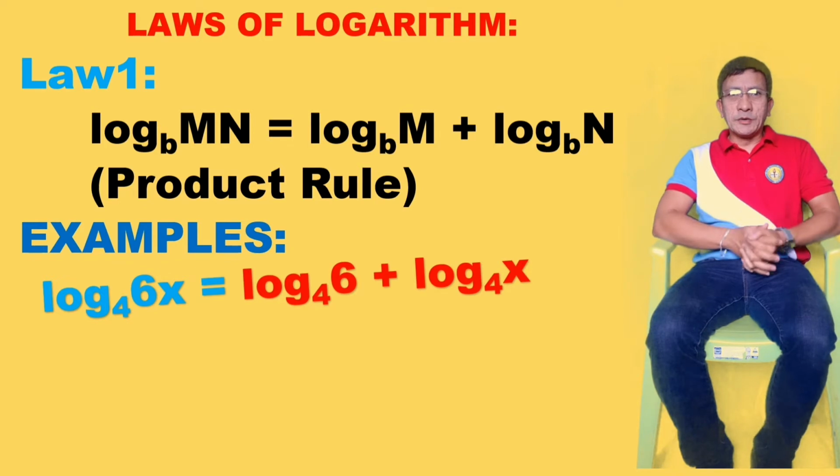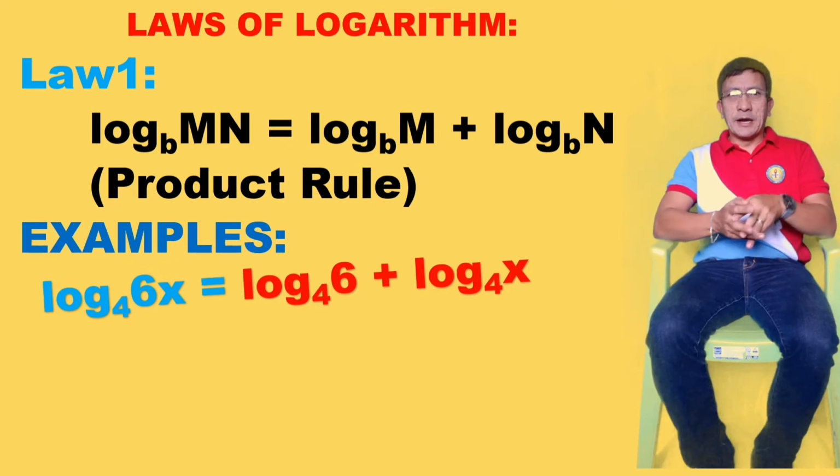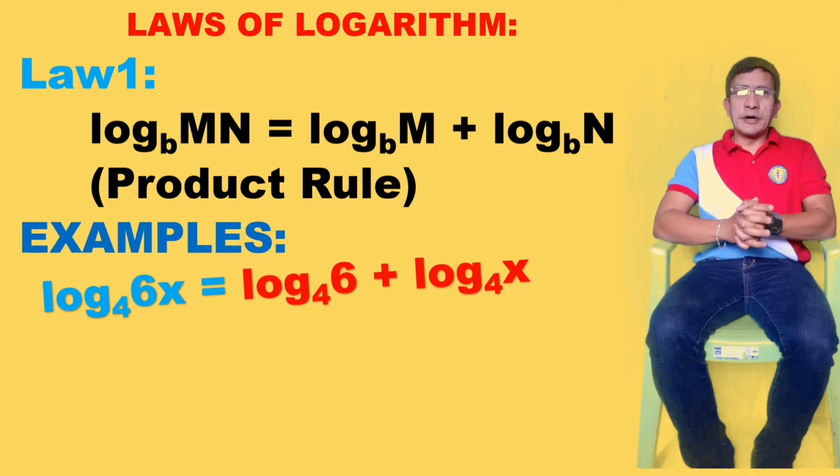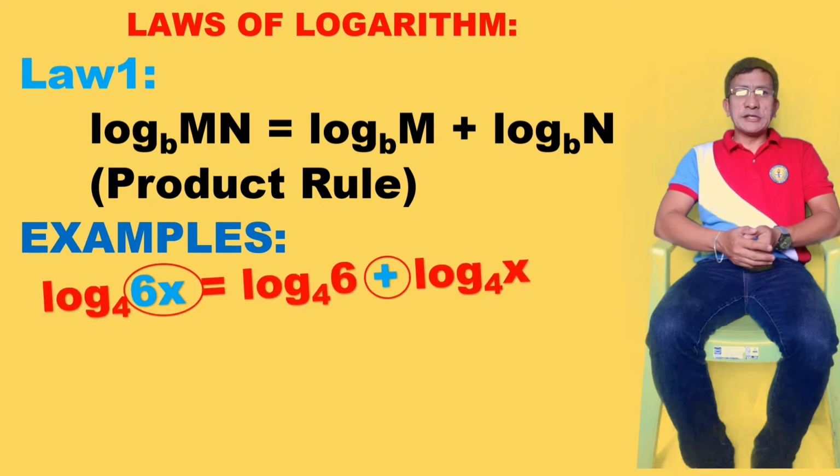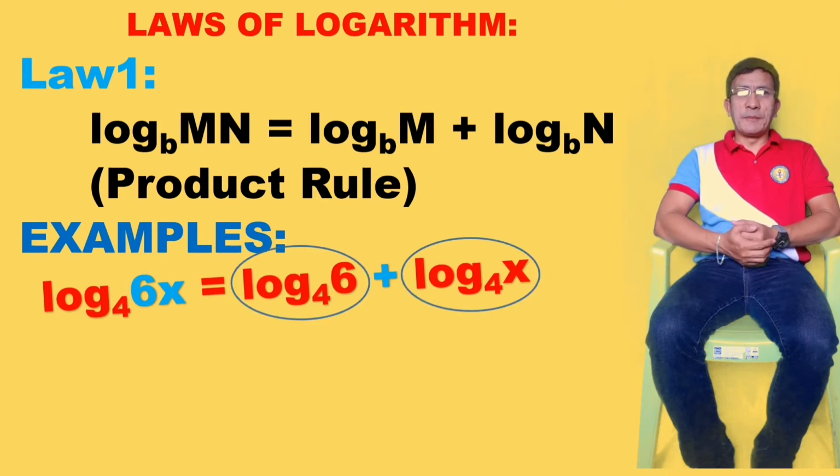Examples of product rule are log of 6x with base 4 equals log of 6 with base 4 plus log of x with base 4. If you will notice in this example, 6x is a product. That's why we added log of 6 with base 4 plus log of x with base 4.